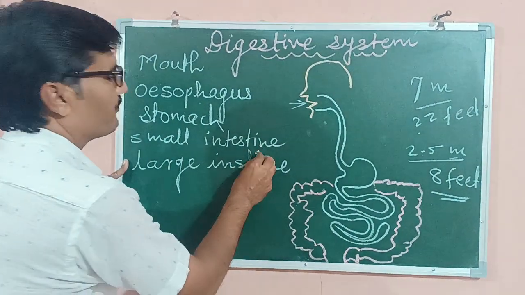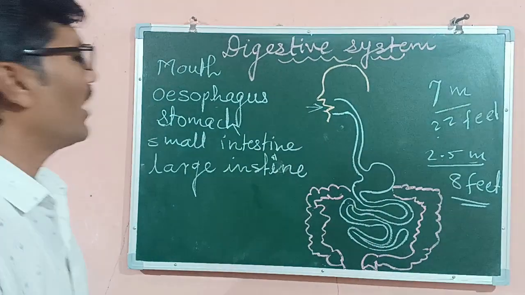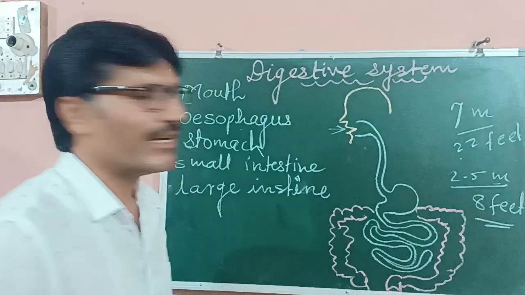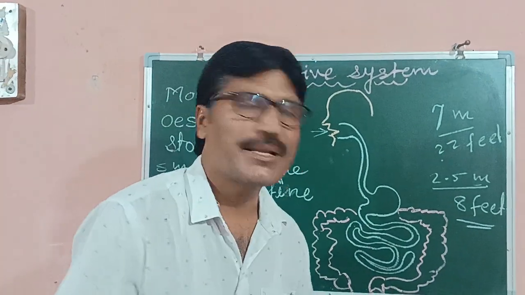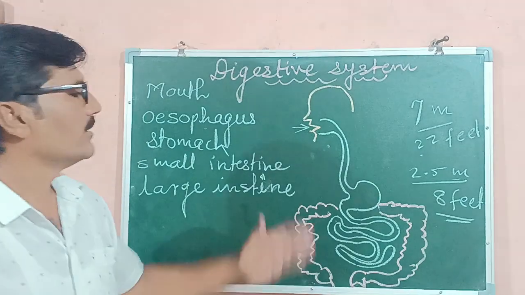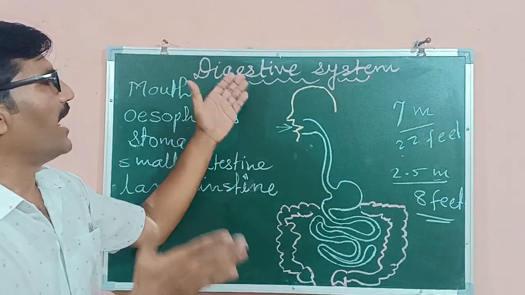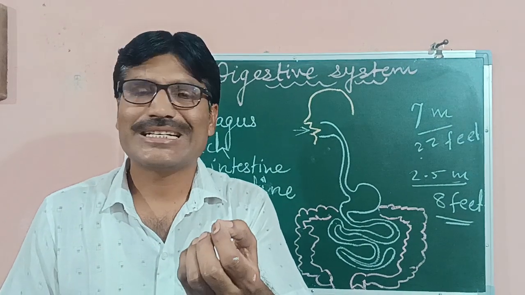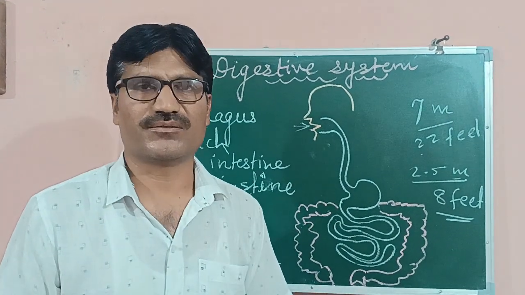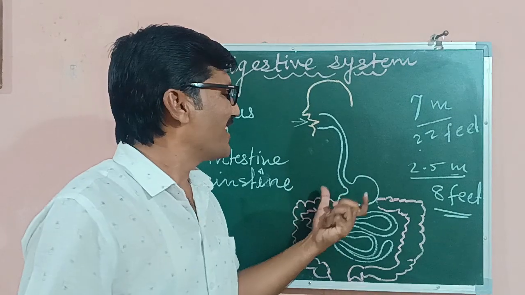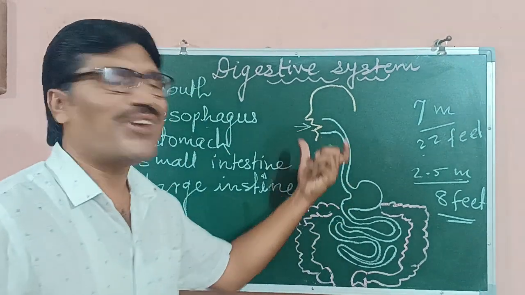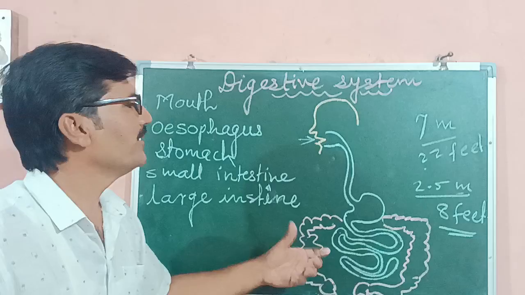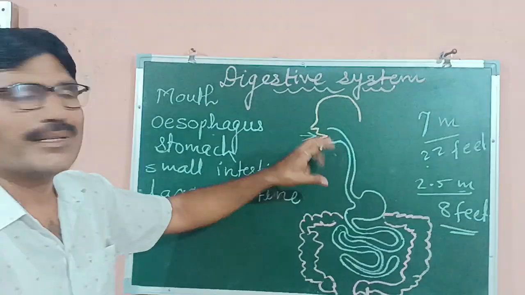Large intestine. So let's have a look at the figure once again, and now I will explain in detail what the digestive system is, and how the digestive system functions properly. So let's have a look.